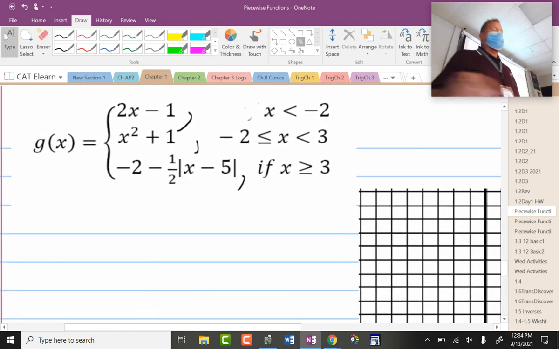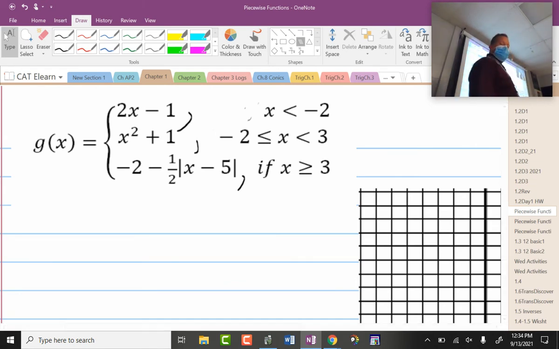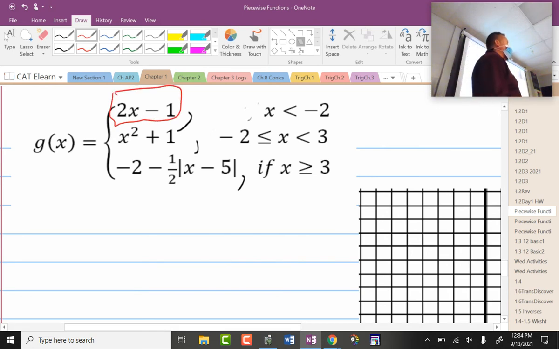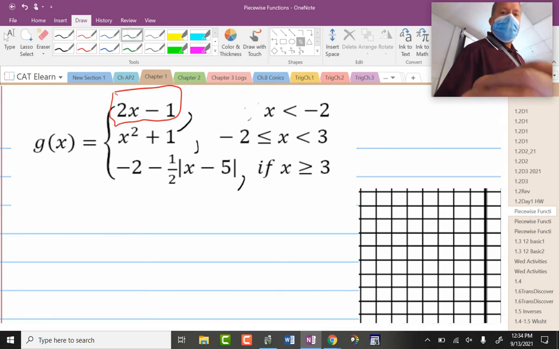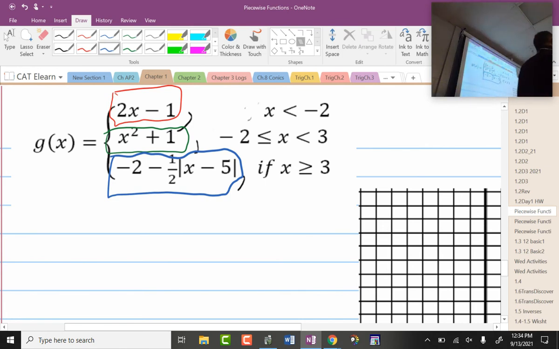Oh, no, Ella. I'm going to make you, as you're writing this down, and everyone better listen to Ella here. What's our first piece going to look like? I'll do that in red. What's that a picture of? Line. What's our second piece, which I'll do in green? What's that going to be a picture of? And then what's our third piece, which I'll do in blue again? Whoa. What do you see as the function of those 2 straight lines?